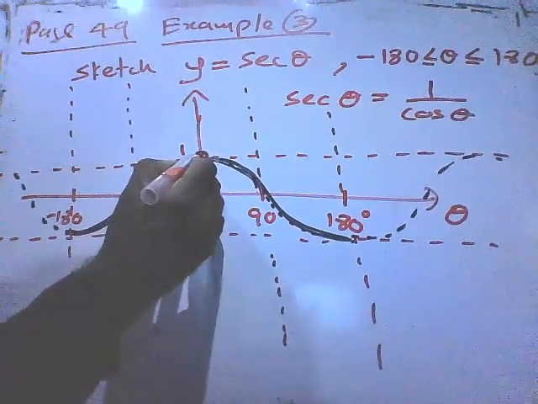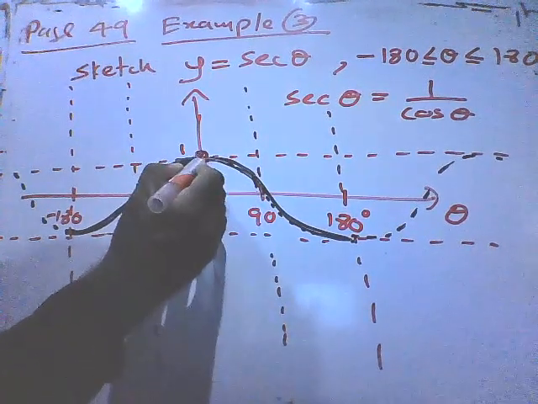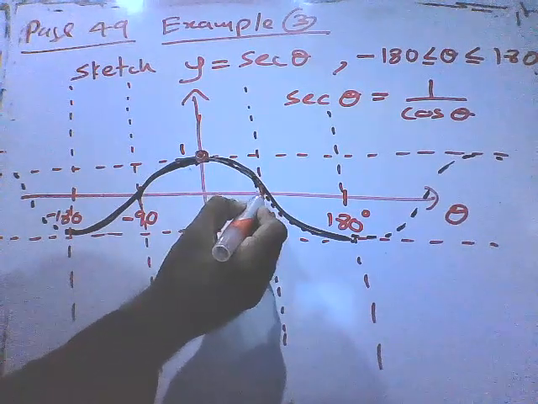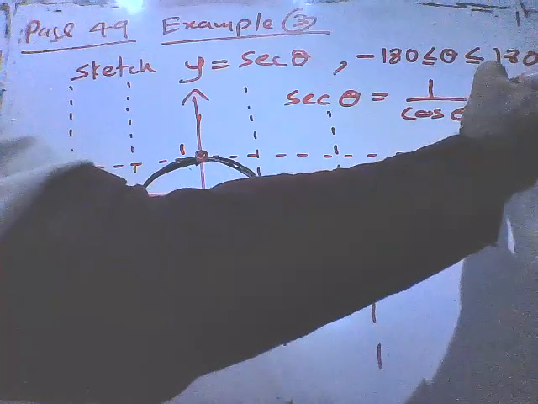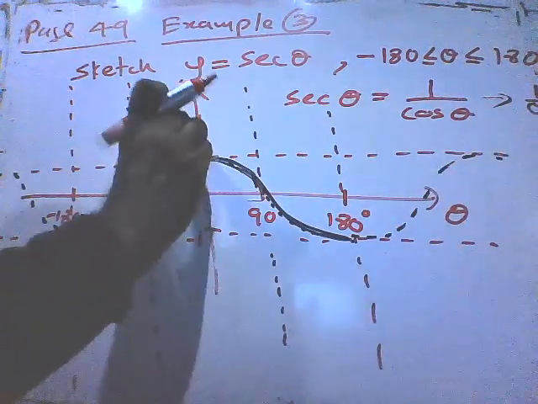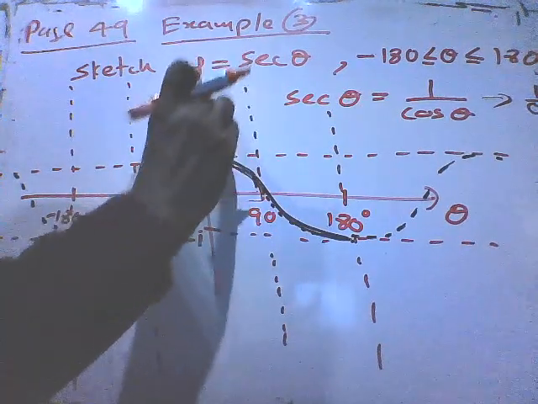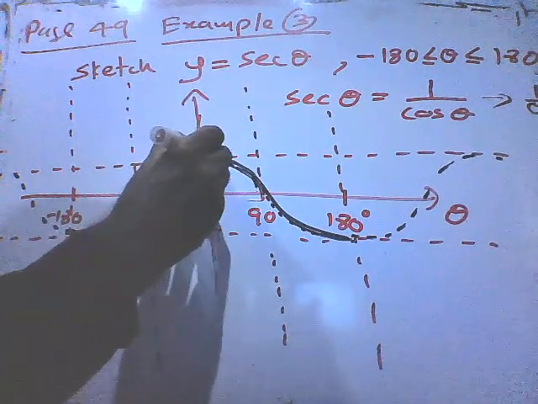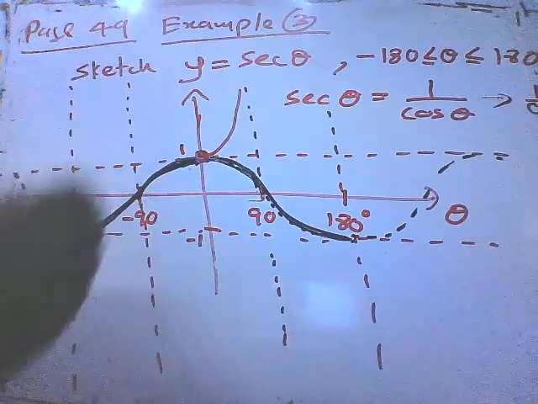But when x is reaching 90, the cos value will reach 0. So here sec theta will be 1 over 0, cos theta is becoming 0. So sec theta should go to infinity, so the shape should go like this, but he never should touch this.